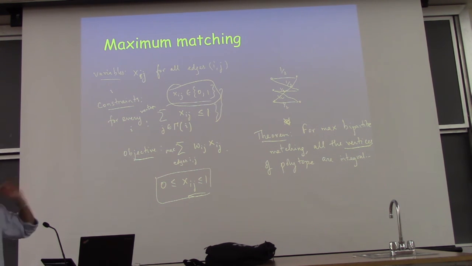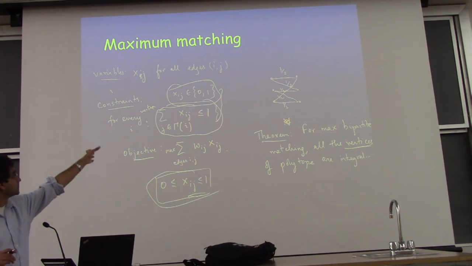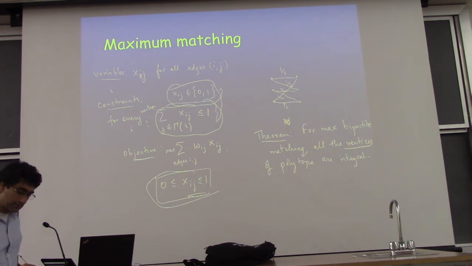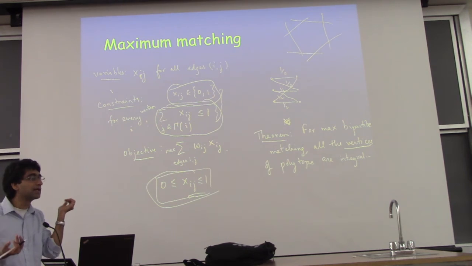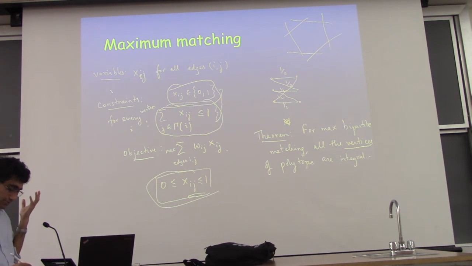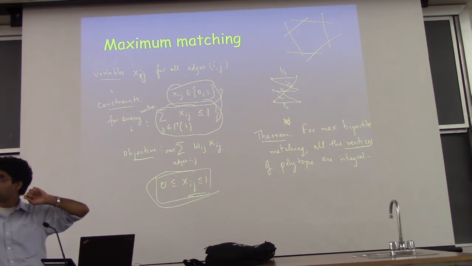So what this is saying is, you look at this polytope, which is just defined by these constraints. These are just linear constraints, and they look somewhat like this. And what this theorem is saying is that any point inside this polytope could be fractional, right? Because this is just a convex set, and there are lots of fractional points inside it.